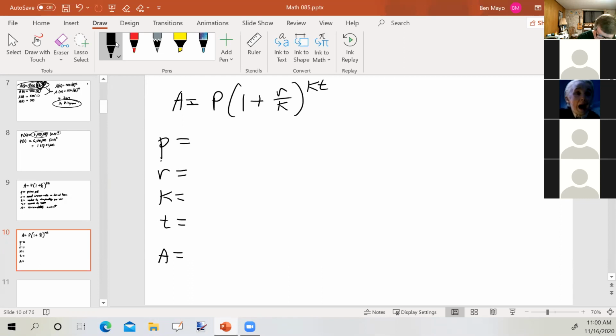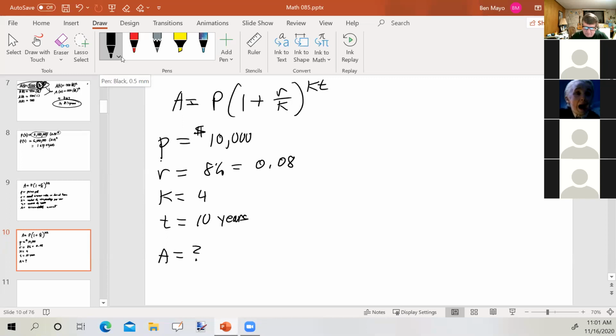So an initial deposit of $10,000, that's our principal, earns 8% interest. That's the annual rate, which converted into a decimal, 8%, is 0.08. Compounded quarterly, so 4 times per year. How much will be in the account after 10 years? So our question is the accumulated amount.